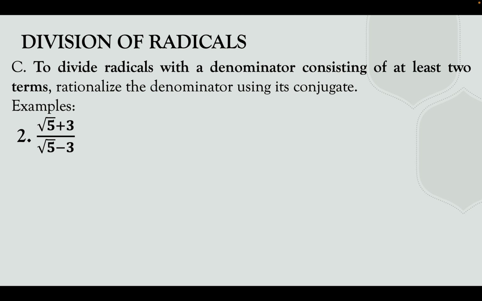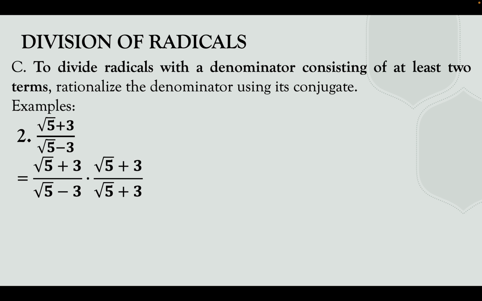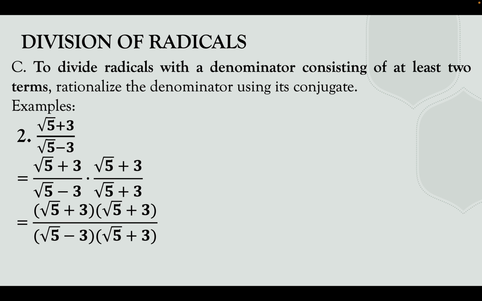Next example, we have square root of 5 plus 3 over square root of 5 minus 3. Let's rationalize this one by its conjugate. So multiply both numerator and denominator by square root of 5 plus 3 over square root of 5 plus 3. So we have square root of 5 plus 3 times square root of 5 plus 3, over square root of 5 minus 3 times square root of 5 plus 3.